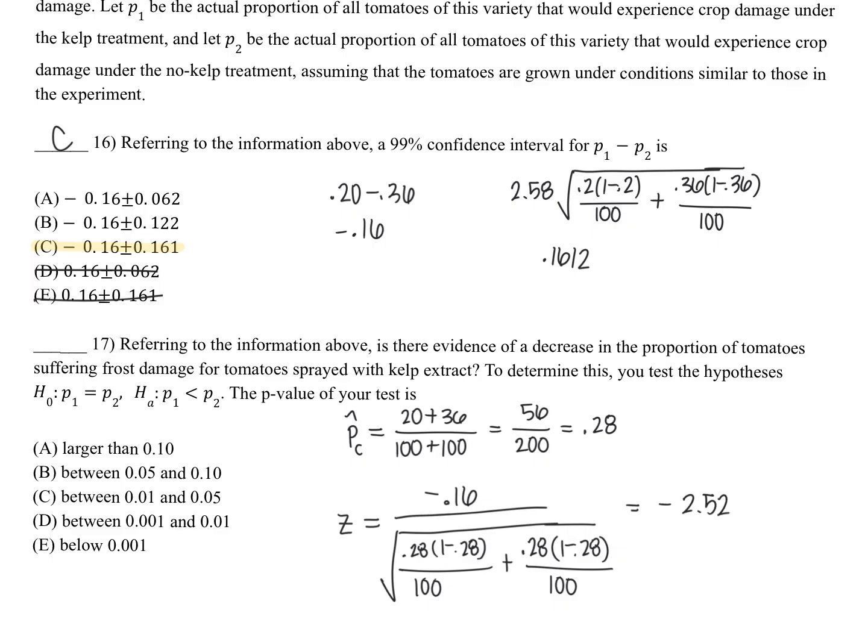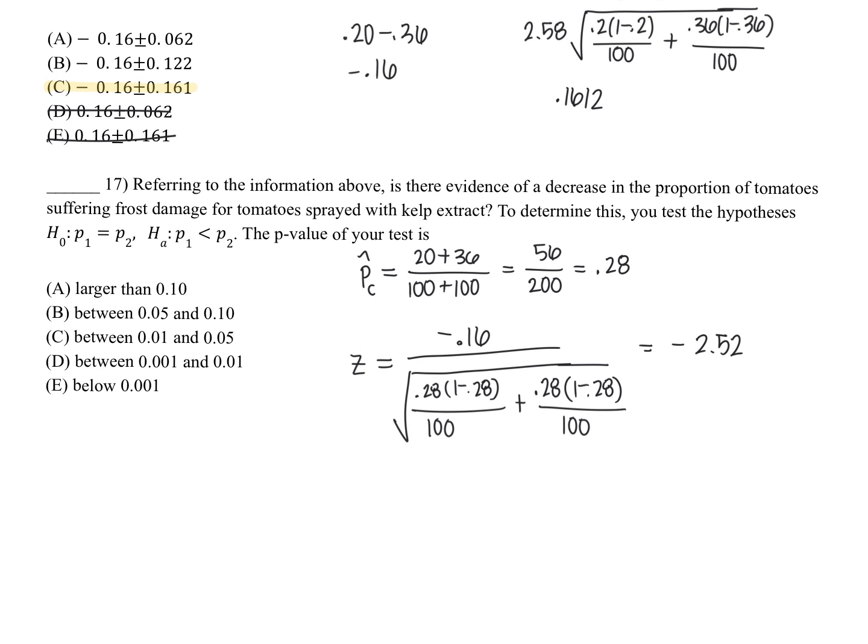So test statistic of negative 2.52, and then we do normal CDF. The lower bound is negative 1 E99. The upper bound is negative 2.52. Mean of 0, standard deviation of 1.